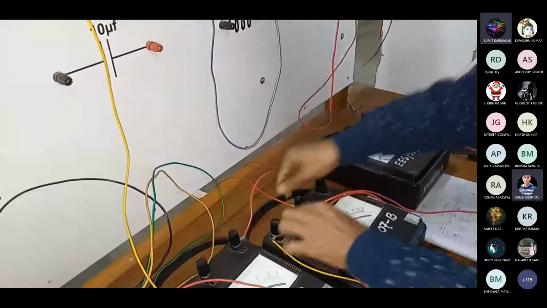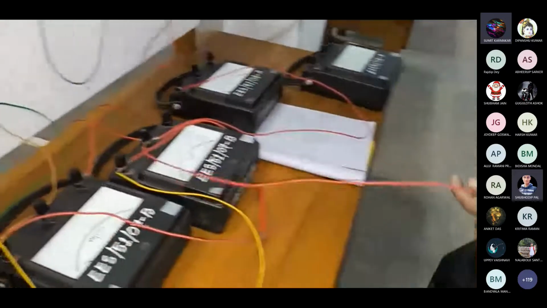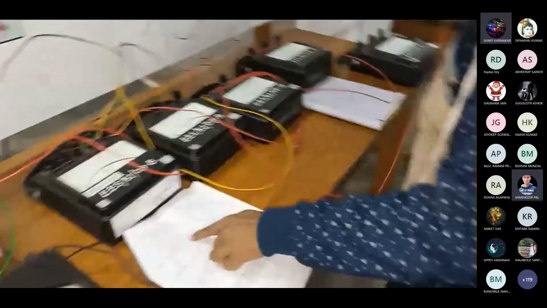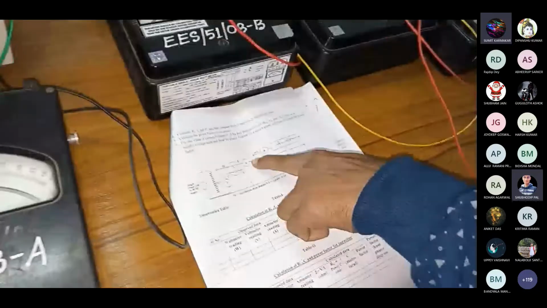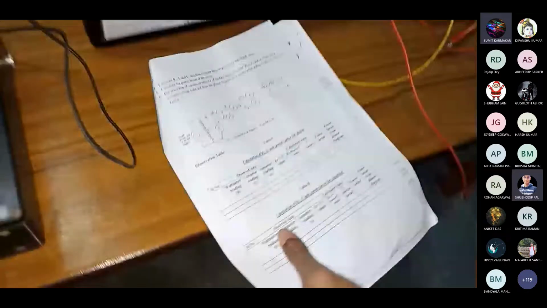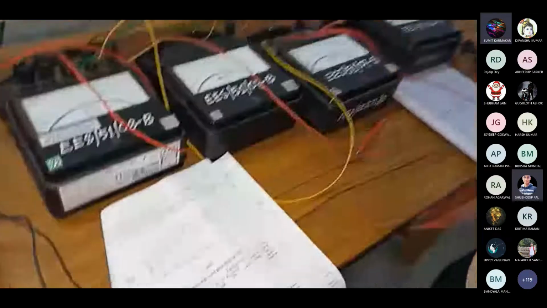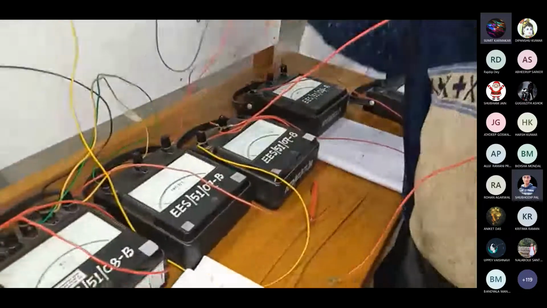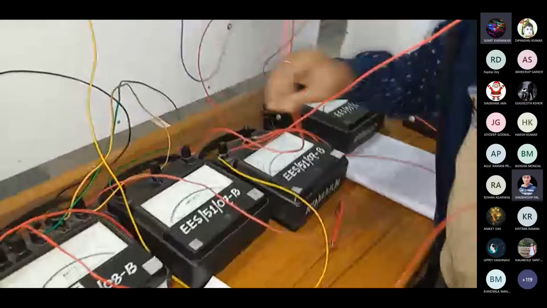Now from this point, this ammeter is connected to the voltmeter in the diagram. So we are connecting this common point, because this point is connected to the ammeter itself. This and this are the same points.